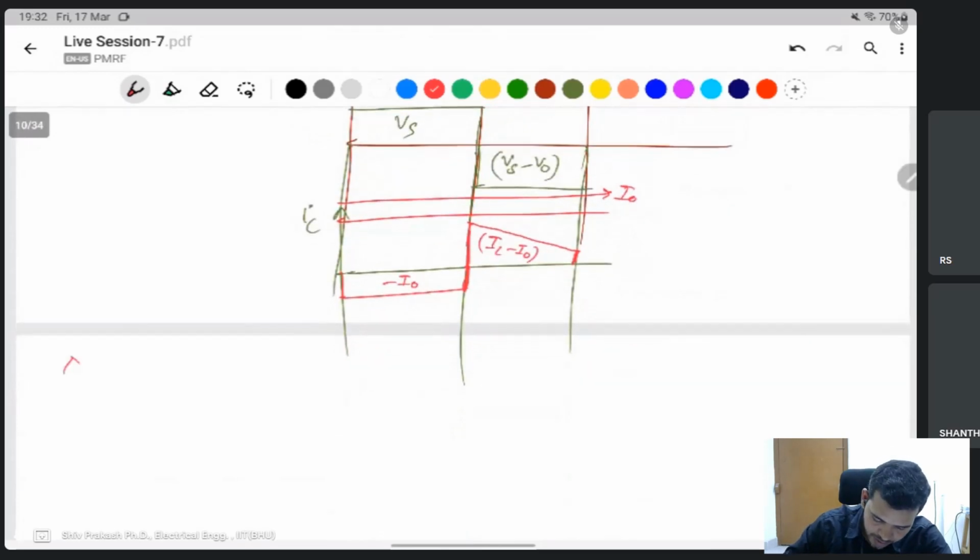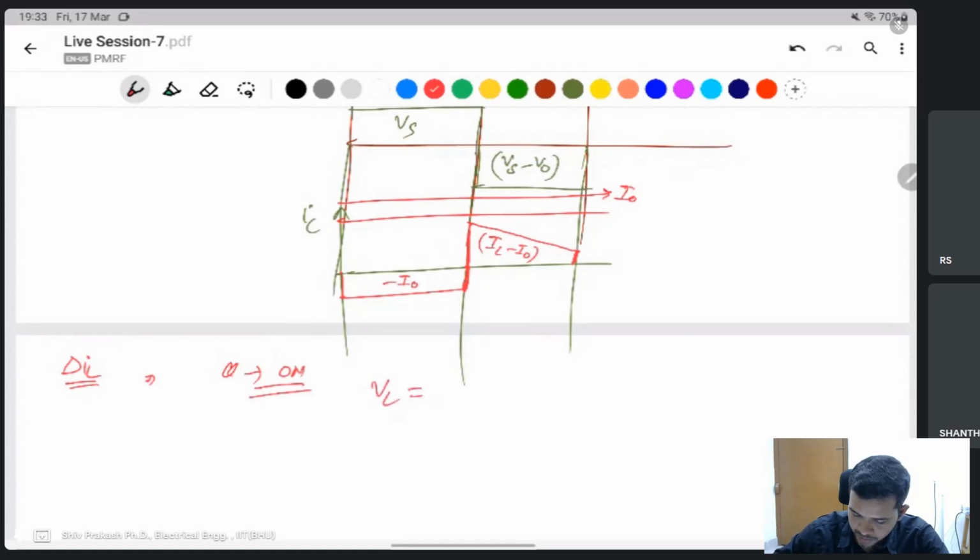And what is the delta IL, the ripple inductor current? Ripple inductor current is the same as integration. When the switch is on, the inductor voltage is the same as the input voltage.